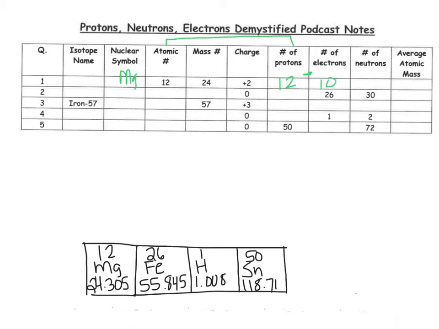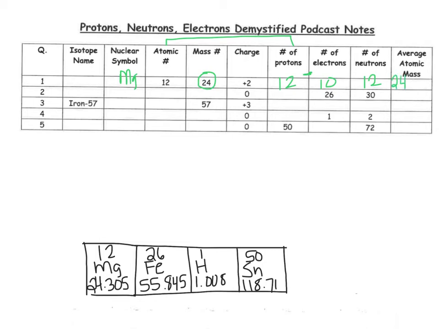Now, how we find neutrons is that this mass number is the total of protons and neutrons. Well, if 12 of them are protons, and the thing weighs 24, then that means the other 12 are also neutrons. You get the average atomic mass off of the periodic table, so you have to look that up.